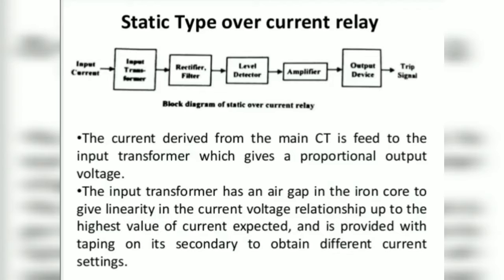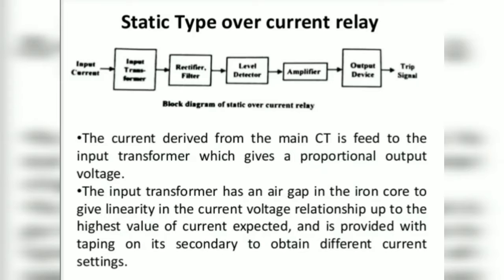A fixed portion of the rectified filtered voltage is compared against a preset pickup value by a level detector. So the third component is the level detector, and if it exceeds the pickup value, a signal through an amplifier is given to the output device, which issues the trip signal.